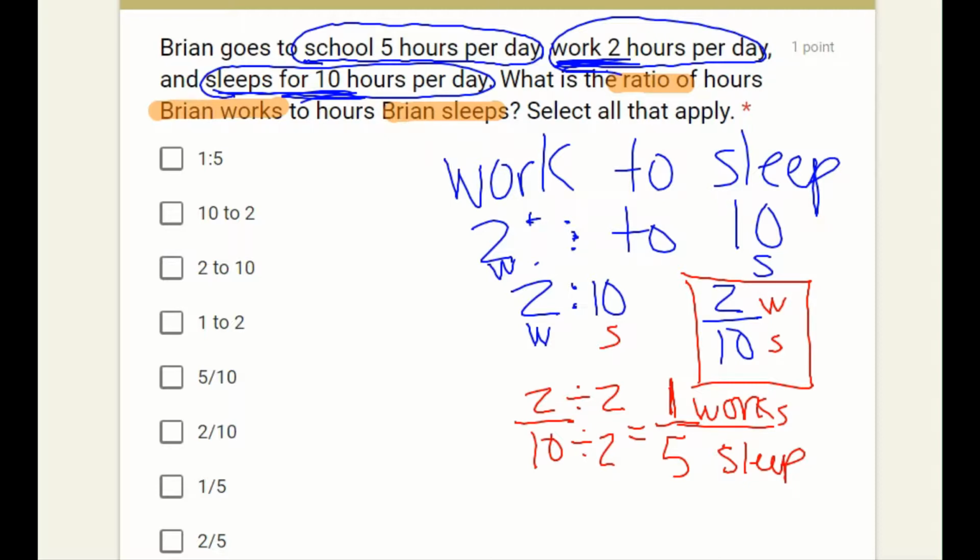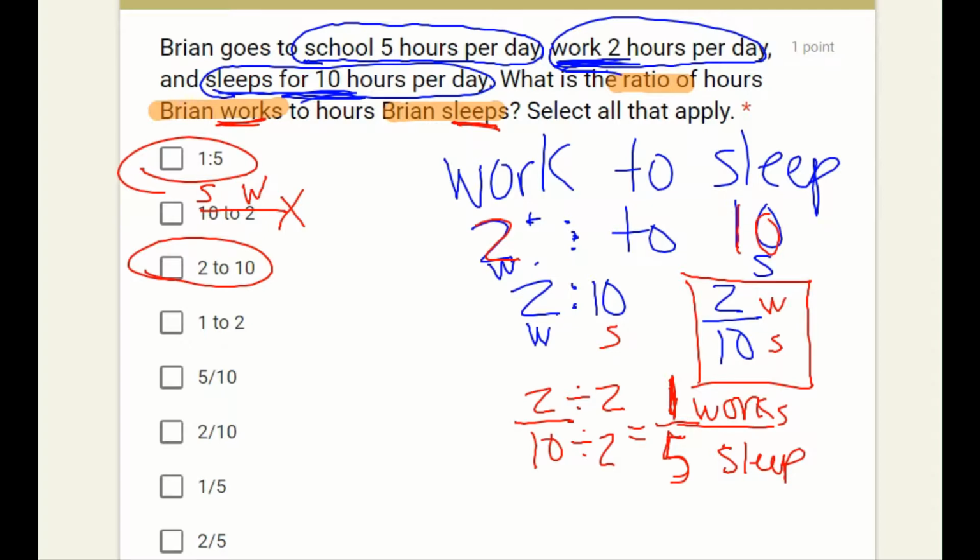I have 1 colon 5, which is 1 to 5. So I'm going to pick that answer choice. The second one is 10 to 2. I'm going to eliminate that because this is sleep to work, and I'm looking for work to sleep according to the question right here. The next one is 2 to 10, which is work to sleep, so I'm going to pick that one.